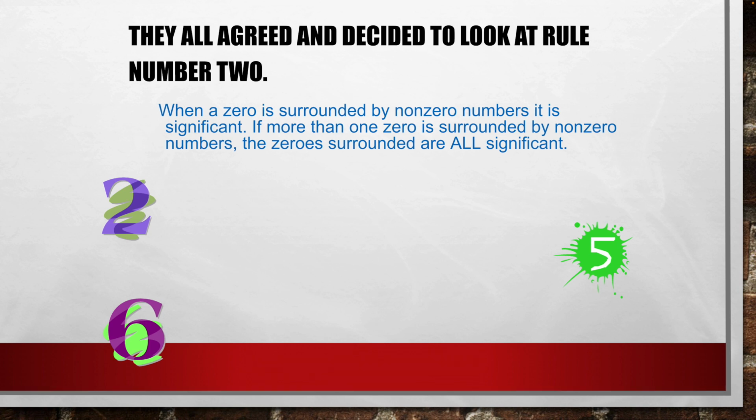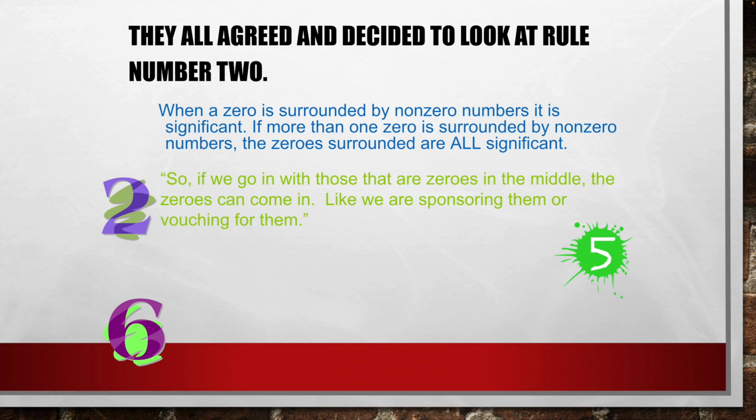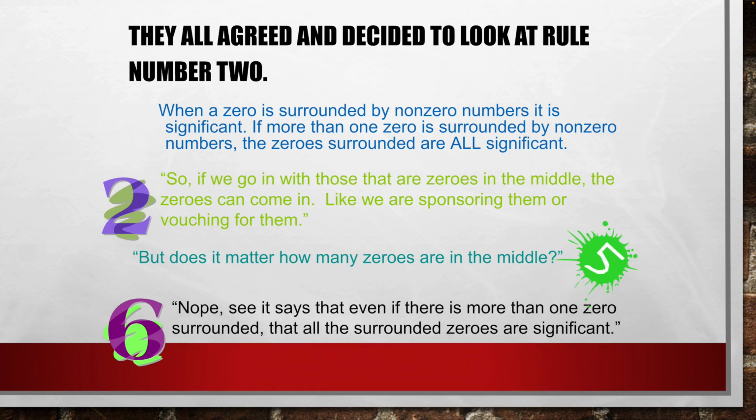And if more than one is surrounded by non-zero numbers, they are also significant. So if we go in with the zeros in the middle, the zeros will be able to come in. It's like we're sponsoring them or vouching for them. Does it matter how many zeros are in the middle? Nope. It says that even if there's more than one zero, all the zeros that are surrounded are significant.